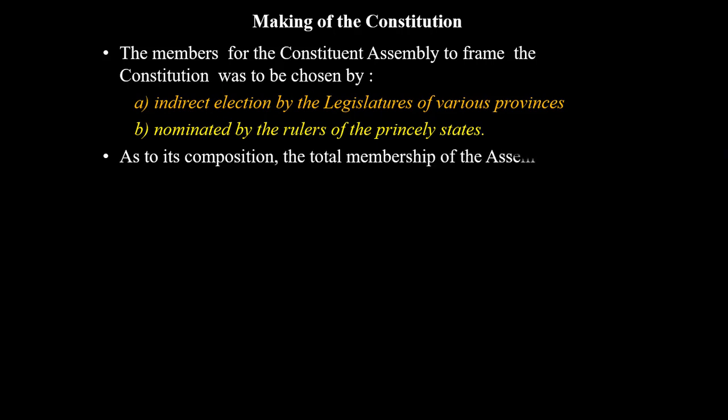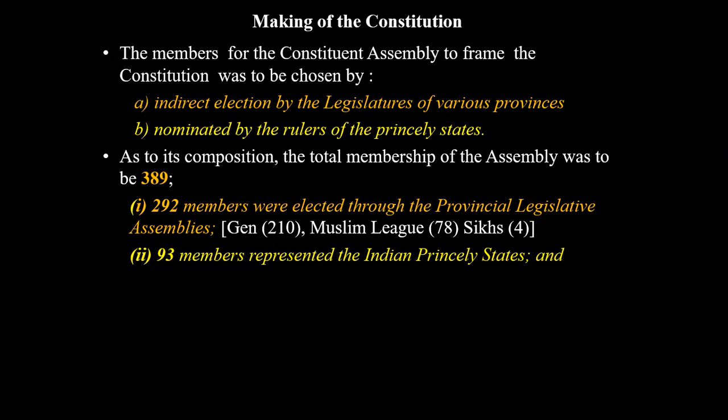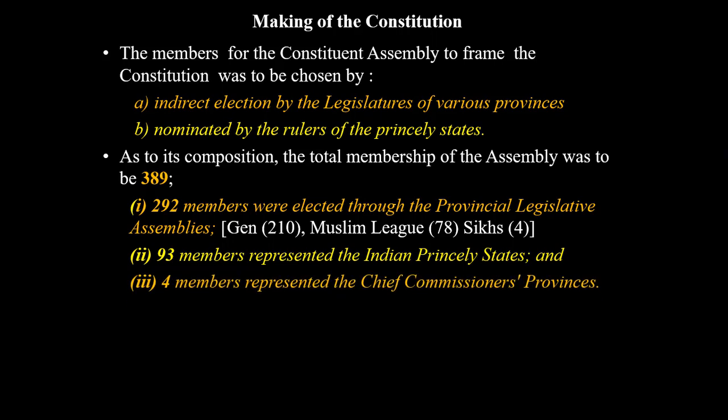As far as the composition is concerned, the total membership of the assembly was to be 389, of which 292 members to be elected through provincial legislative assemblies, and the Indian princely states could also nominate their representatives, and the number of seats for them was 93. Again, 4 members from the chief commissioner provinces were to be selected.